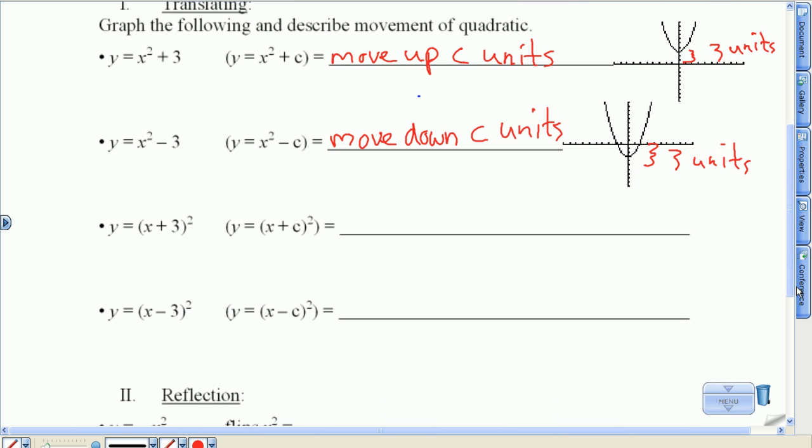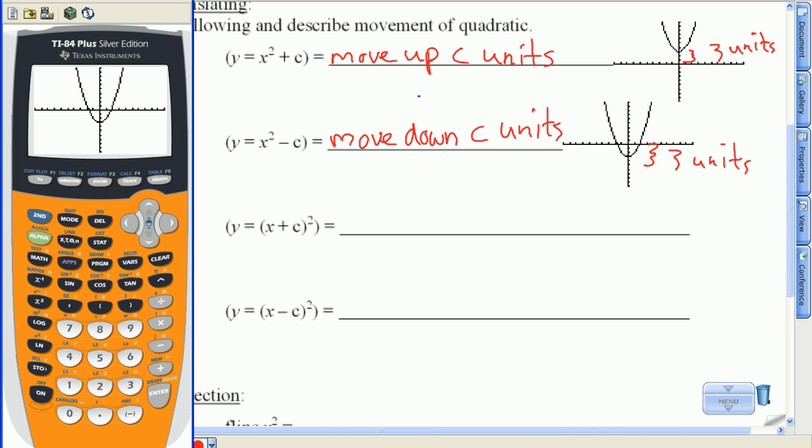You'll notice in our next two examples we have parentheses introduced. So I'll actually clear out this, and I'm going to put my x plus 3 in parentheses, and then I will square the whole thing. Make a guess. This is actually going to surprise you. It doesn't do what you think. And you'll notice that the graph has been moved, and probably not the direction that you predicted.